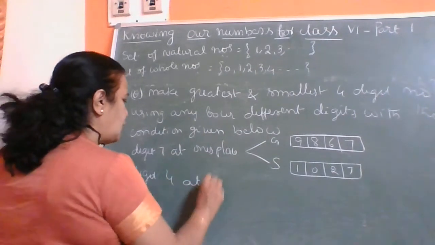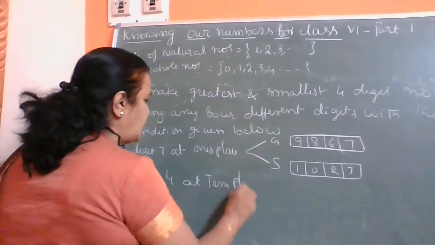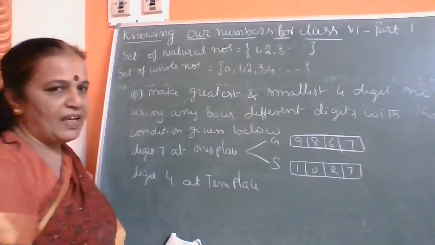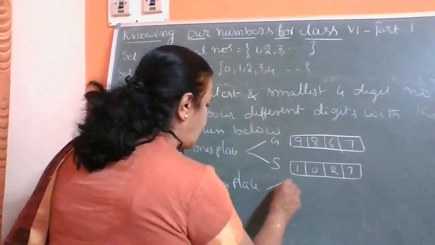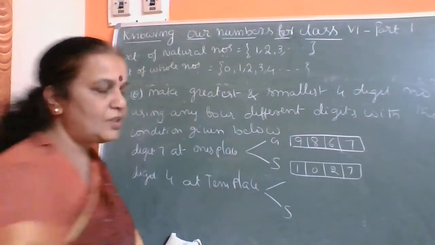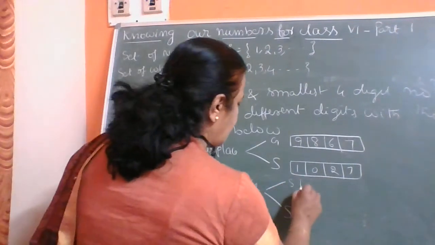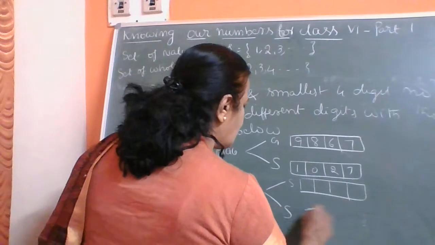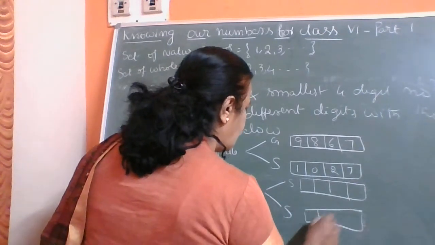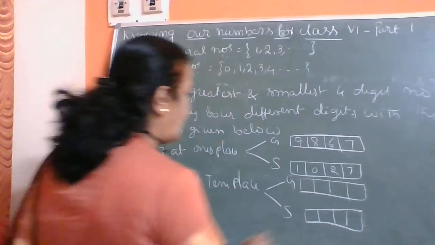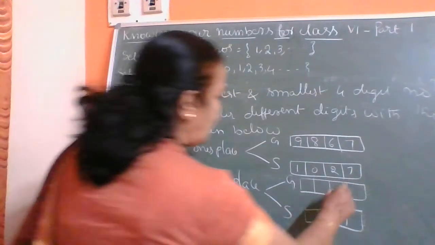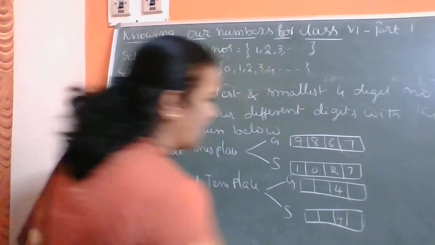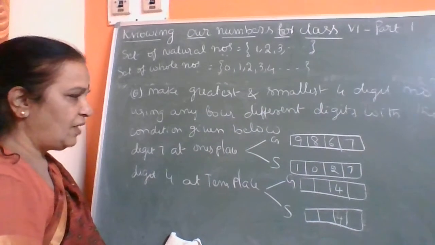And one more is digit 4 at tens place. You have to make the greatest and the smallest 4-digit number. 4 should be in the tens place.